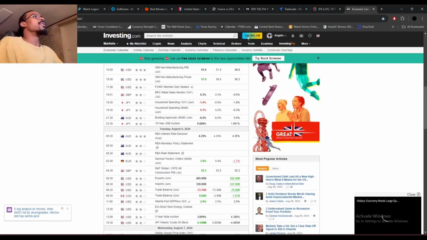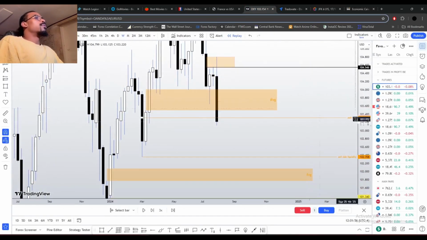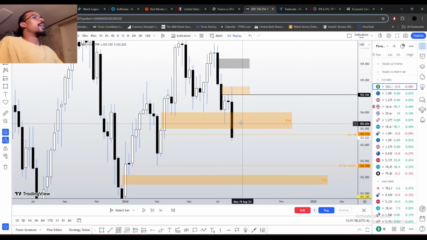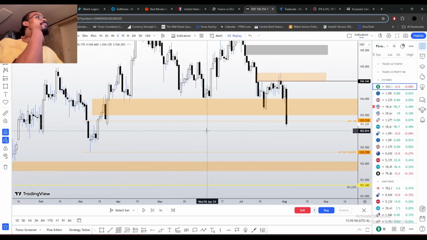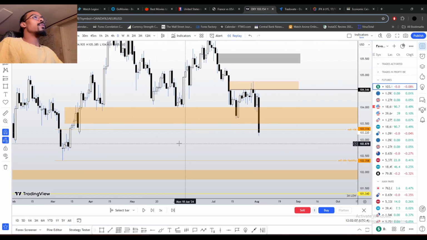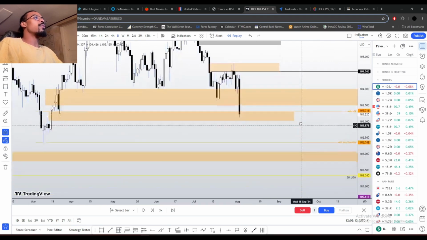All right, so let's go back, right? So when I'm looking at my weekly, I'm looking for price to trade up and target this sell side liquidity, right? So let's go into the daily chart, look at our PD arrays, right? You have this BISI right in here, that price already traded into, right?